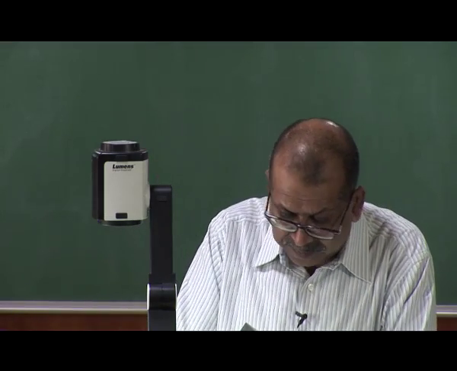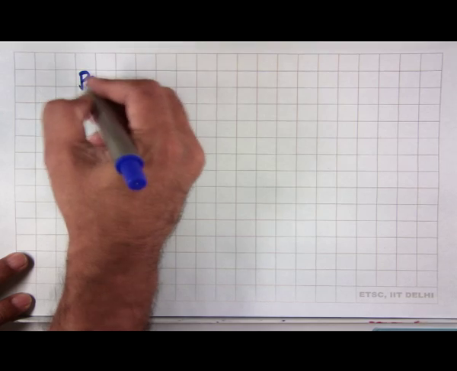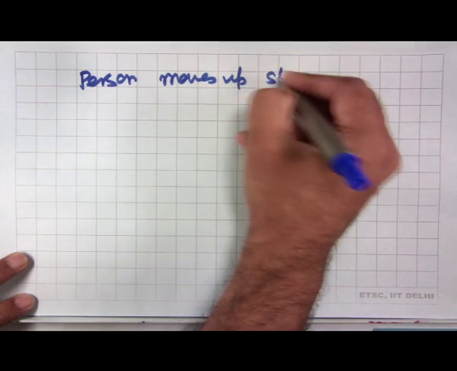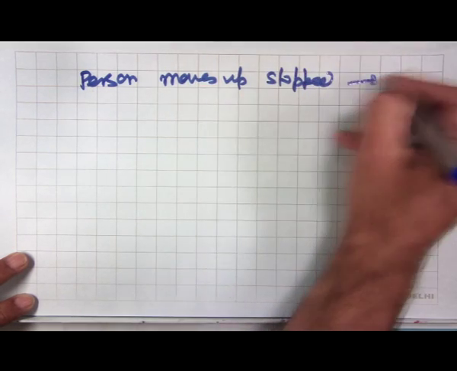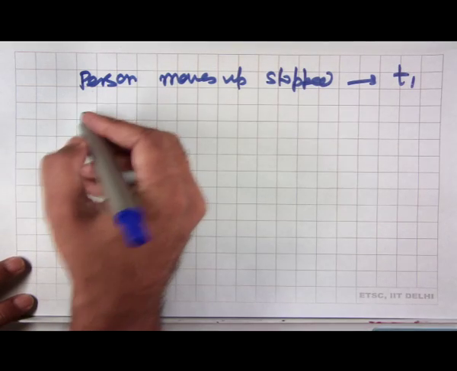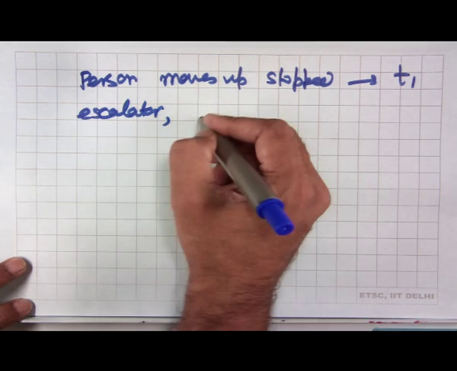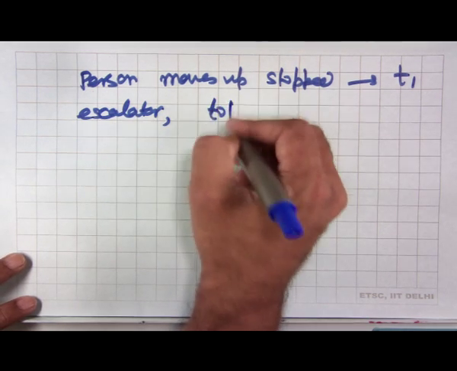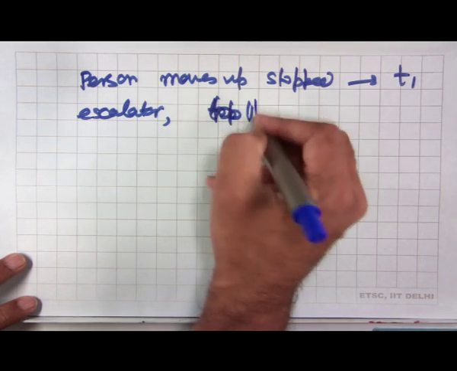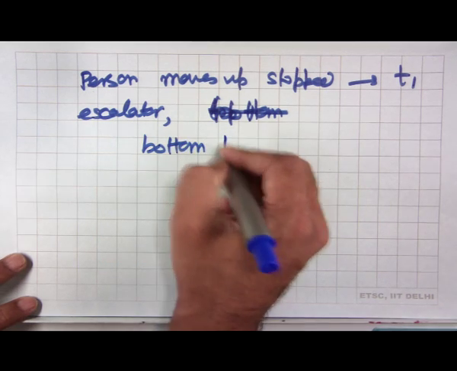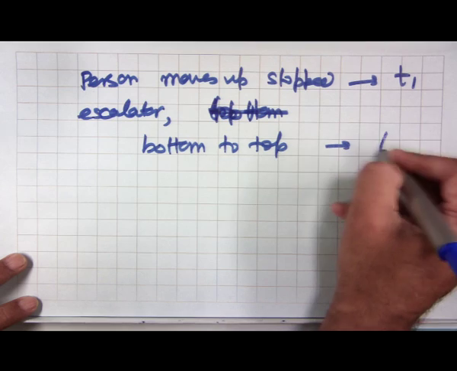So, we have here a person who moves up on a stopped escalator in time t1, and the escalator itself to go from bottom to top takes a time t2.